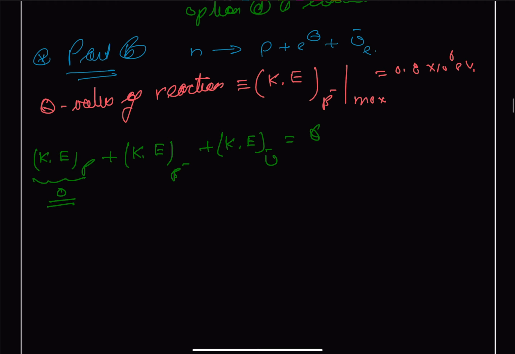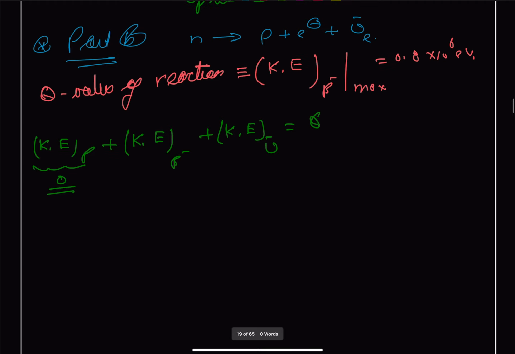Therefore, the kinetic energy of the antineutrino will be equal to the value of Q under the condition that the kinetic energy of the beta negative is equal to 0.